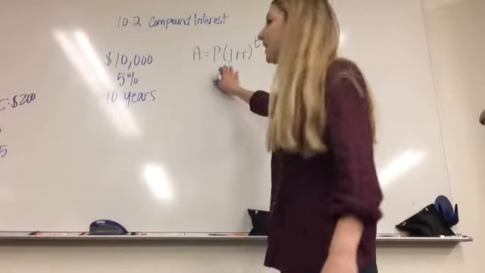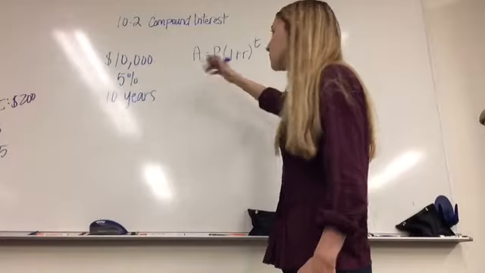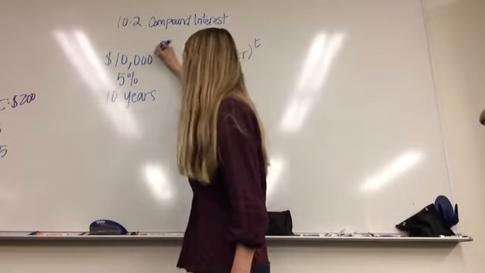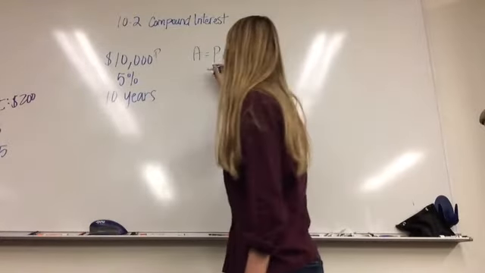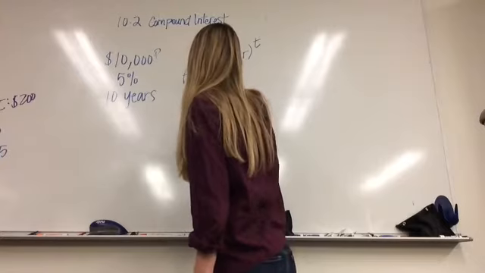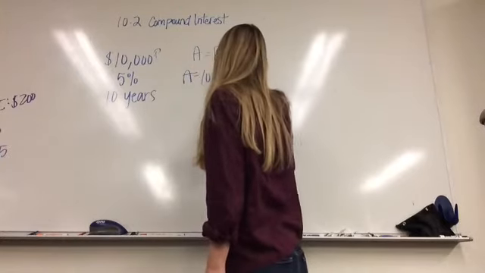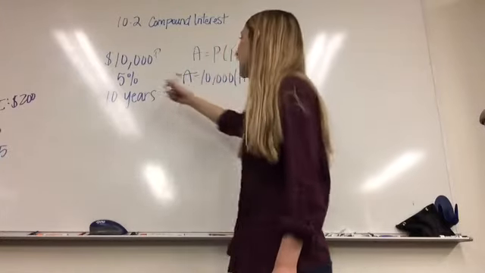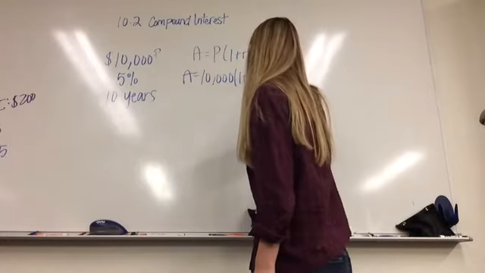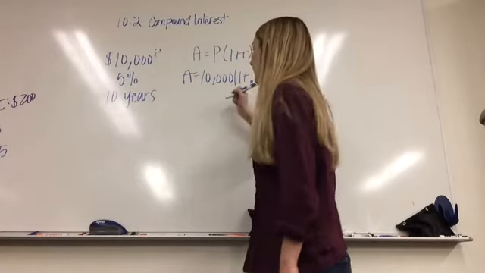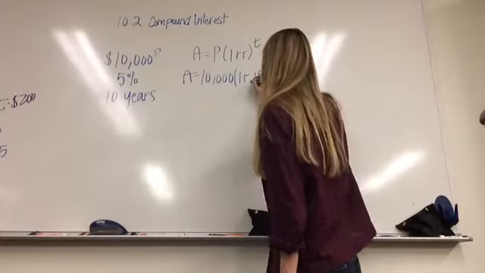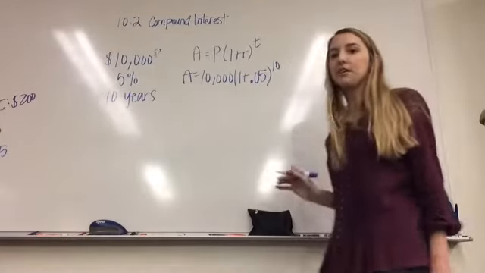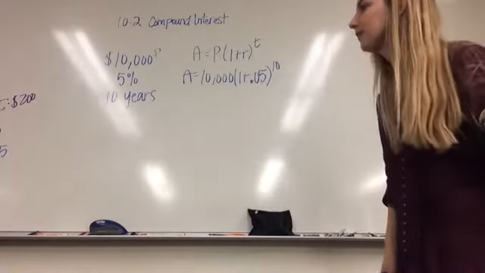Okay, so again, here's our formula. We're just plugging in these numbers. So we have a principal of 10,000. So A equals 10,000 times 1 plus my rate. Remember, we've got to write this as a decimal, and to the 10th for 10 years. So you just plug that in your calculator. I already plugged it in my calculator.